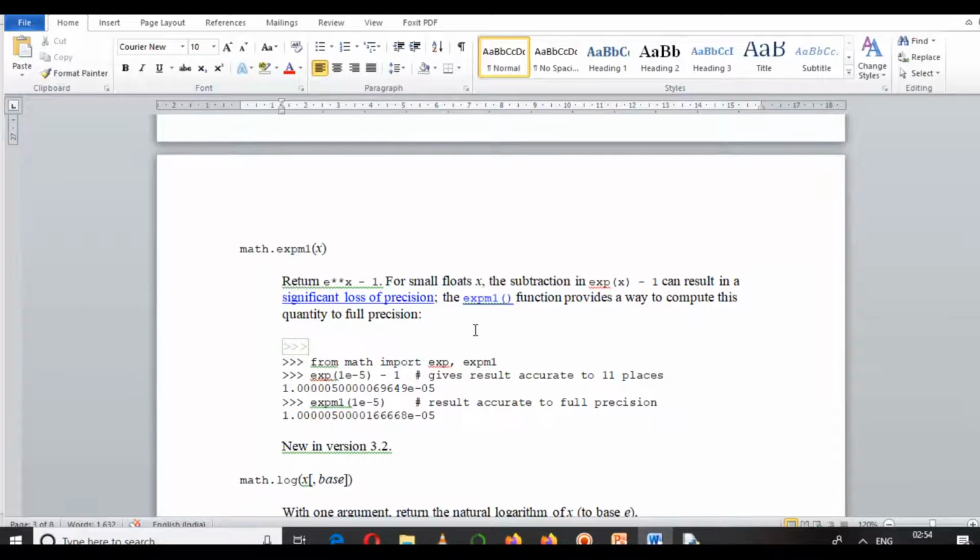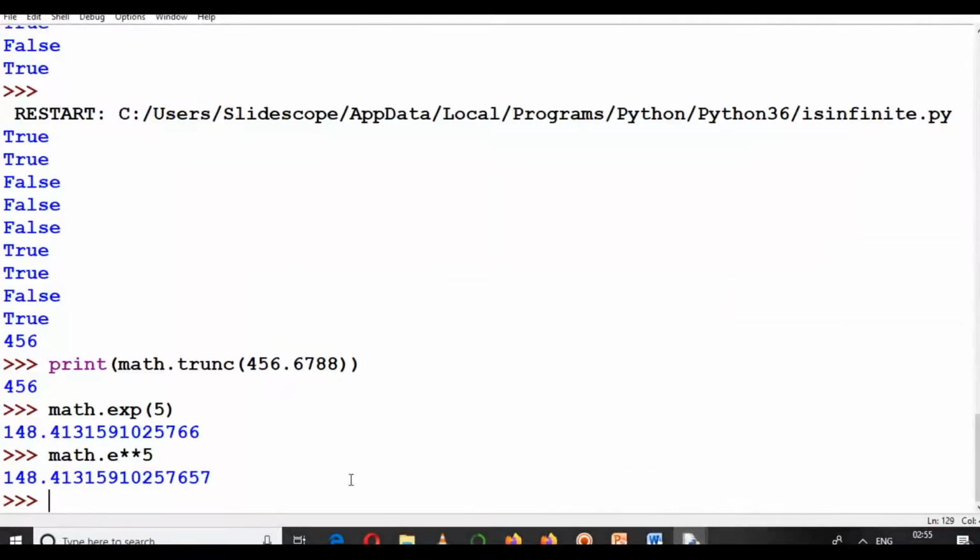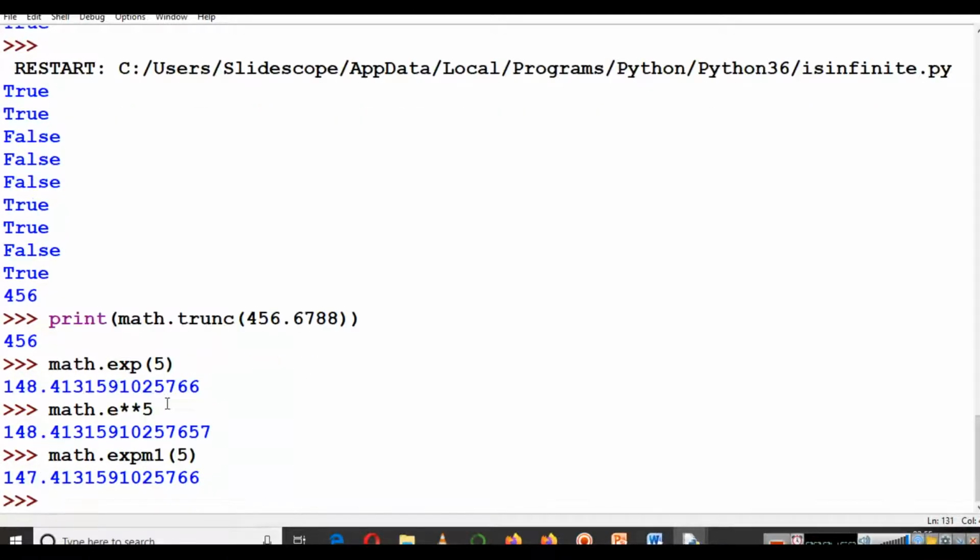So we can do the same example here and return math.expm1(5). So you can see it is returning the same value but minus 1 here. So it is expm1.